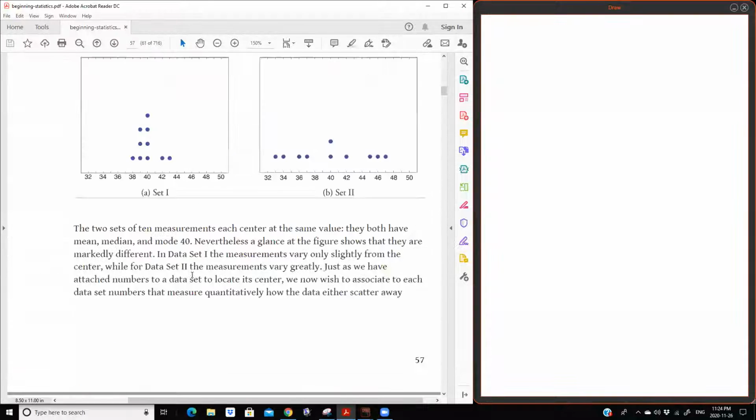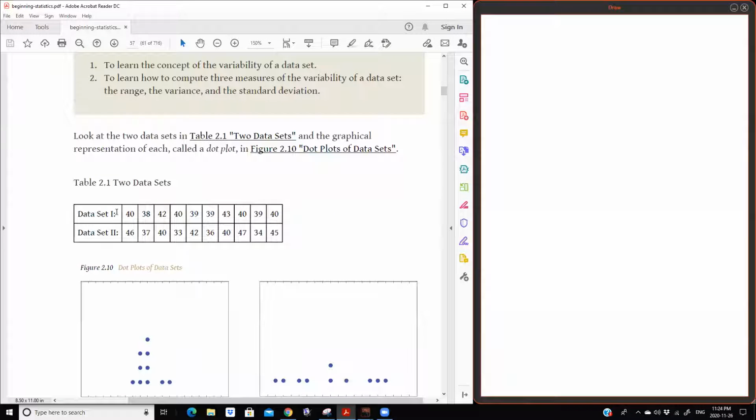if you have a set of data like here in this set, you find the biggest number. The biggest number seems to be 42, yes, minus the smallest number, which is 38. So 42 minus 38, that's 4.